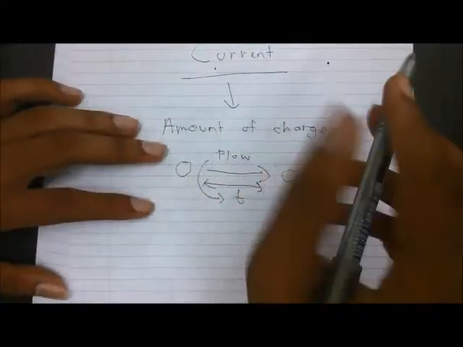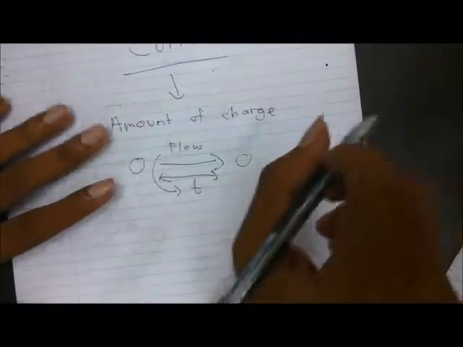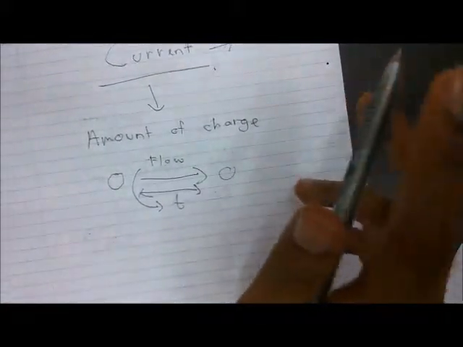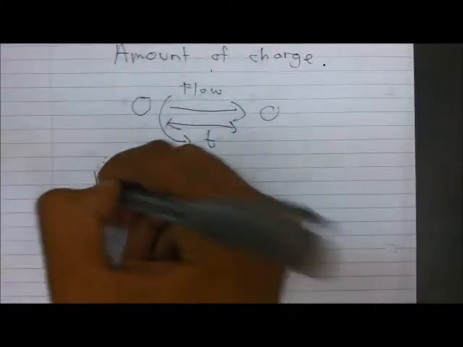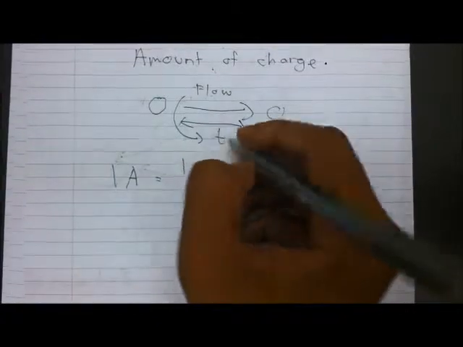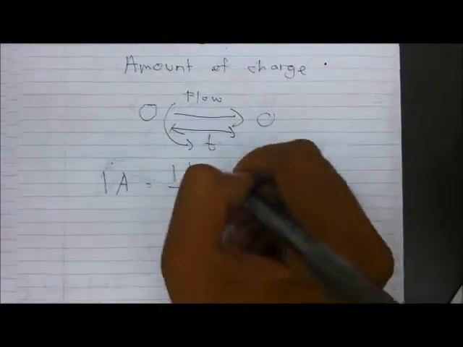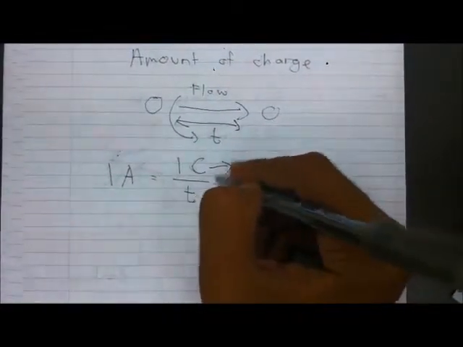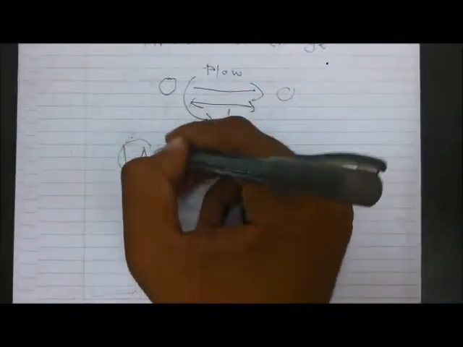That is what we call current, and it's measured in ampere as we told before. The unit of ampere can also be derived as 1 coulomb over time, because it is the amount of charge in terms of coulomb over a period of time. So 1 C over T makes up 1 ampere of current.